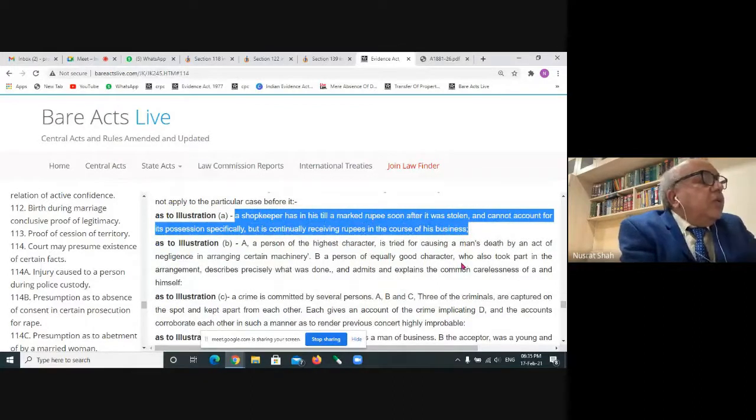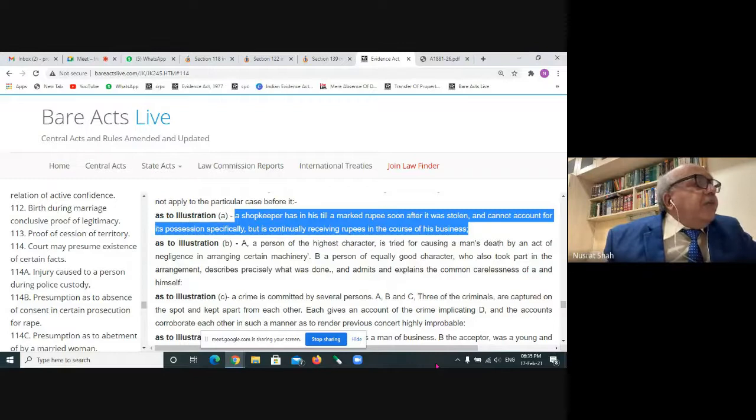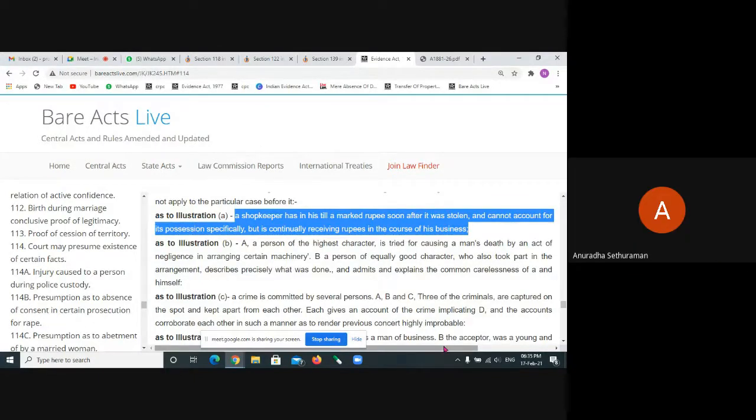Is it a part of a commentary or an illustration? I think we have completed the 114 illustrations A to I, isn't it? So the Act has the examples in it. It does. Yeah, I will take the examples too.